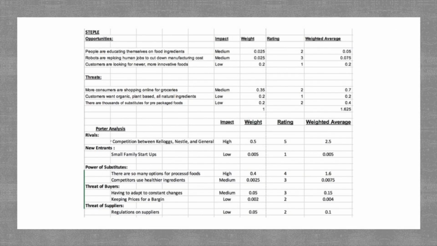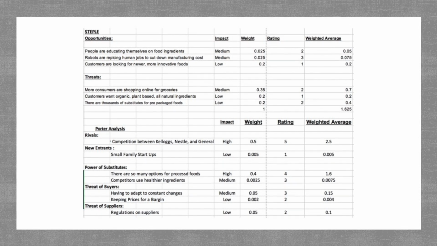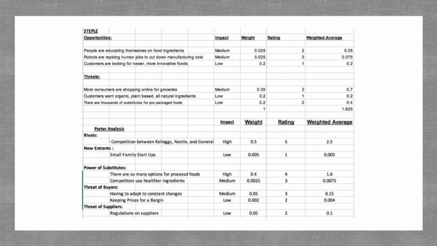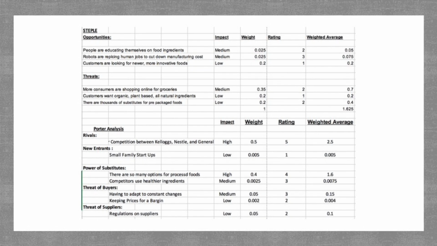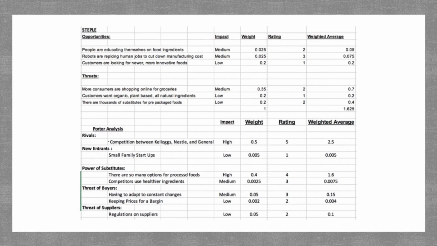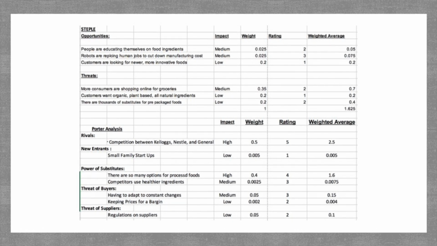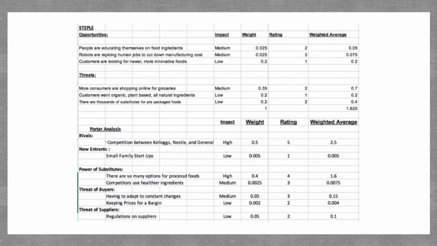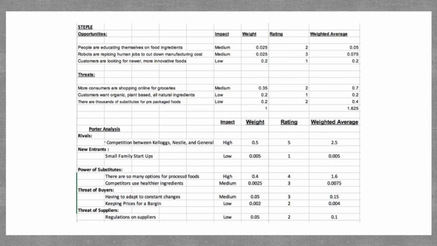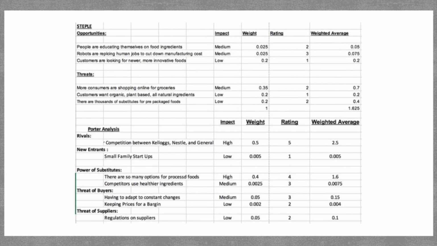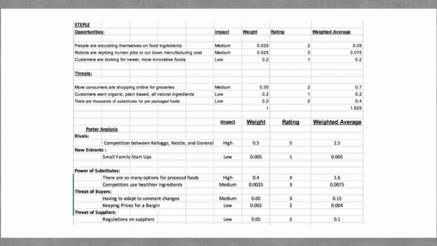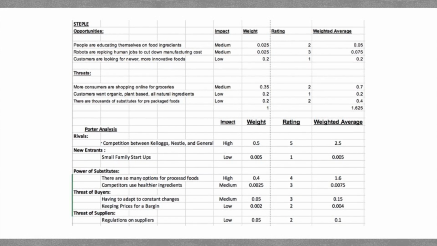What is provided in front of you is the STEEPLE analysis and the Porter analysis. What you have along the left side of your screen on the STEEPLE analysis and the Porter analysis are the factors that we had taken into account. For the STEEPLE analysis, we started with the opportunities, then we followed with the threats. For our Porter analysis, we went with the rivals, the new entrants, the power of substitutes, the threat of buyers, and the threat of suppliers.